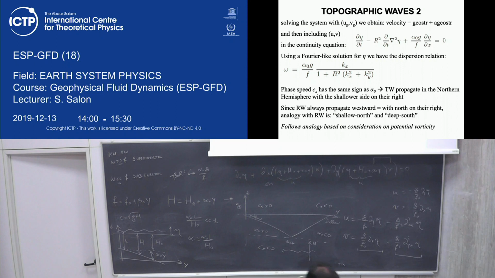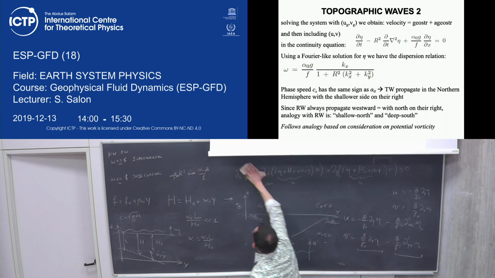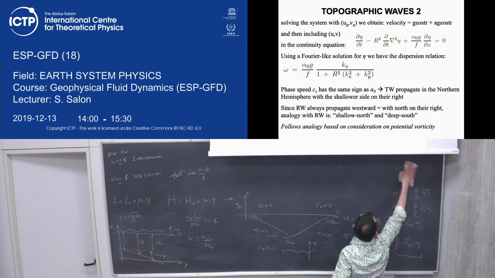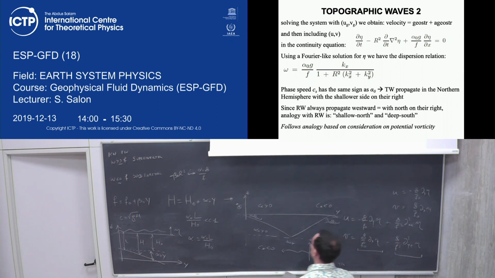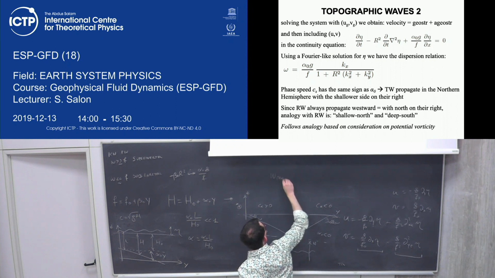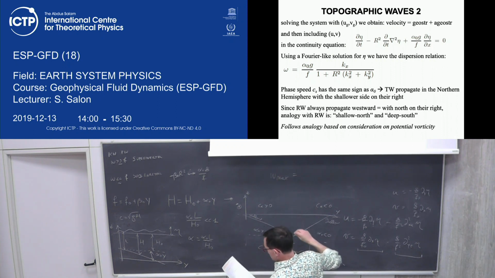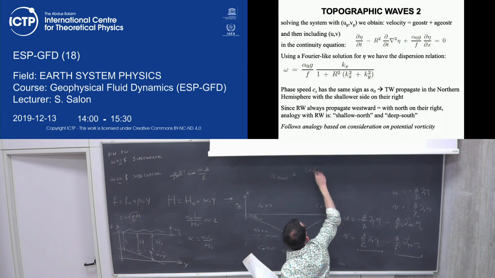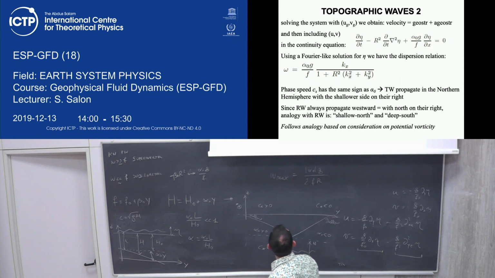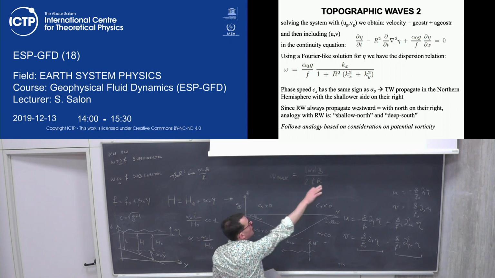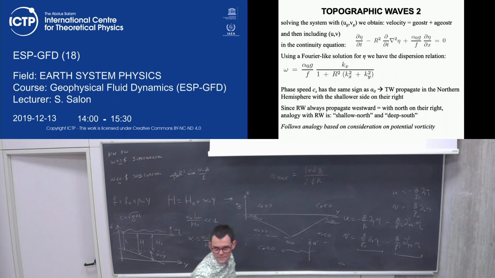Again, we will have the same considerations over the fact that we will have a maximum value of omega, which is alpha 0 g over 2 f r. So again, we will have a maximum frequency. Above this frequency, we don't have topographic waves. So topographic waves exist only when omega is smaller than this one.